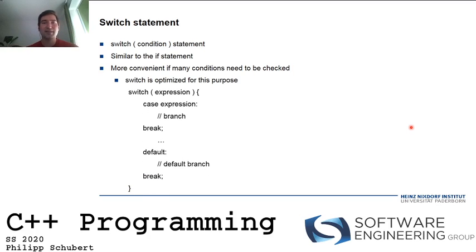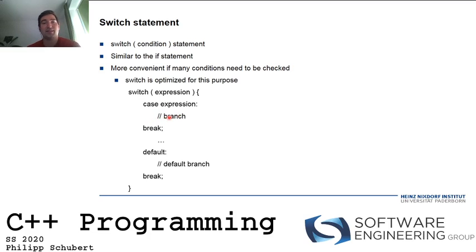So how does it look? It looks like the following. You have a switch, you have an expression, and then you have some cases. Basically you define some cases. So case, the expression is equal to this expression specified here, then the following code is executed. This is basically a branch, so to say.